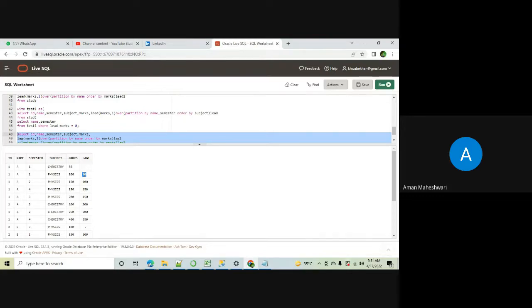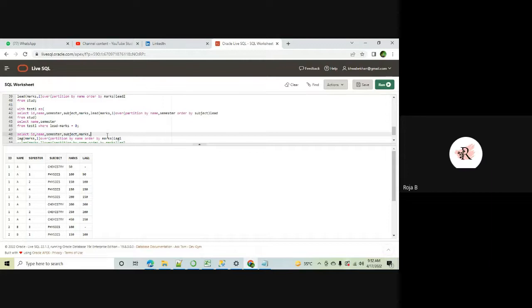In the first row, 50 is there, so before 50 there is nothing, so it was blank in lag 1. And 50 is shifted to the next position. So 50 came to the second position. They shifted downwards, right? And in lead, it was shifting upwards. Is this clear? Yes, exactly the same as lead.